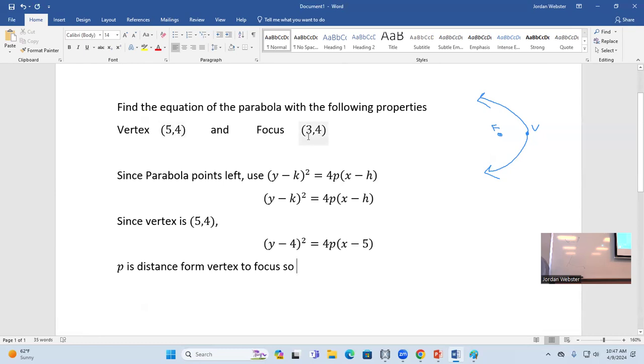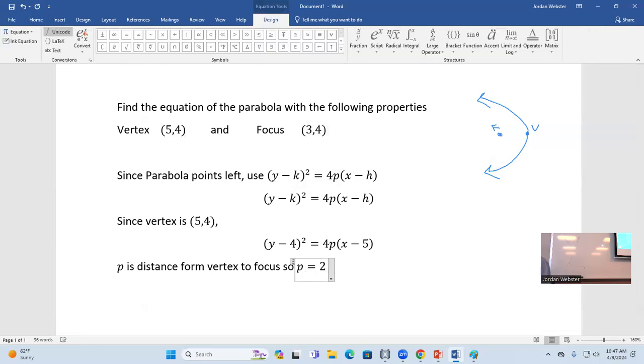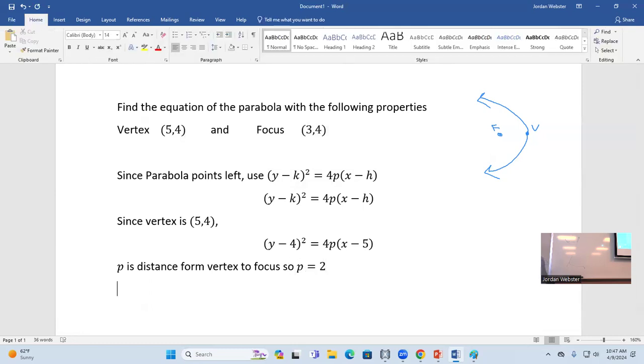So the p is 2. Oh, actually, I'm sorry. The p has got to be negative 2, right? Because we're pointing to the left. If we were pointing to the right, it would have been positive 2. But p is negative 2 since we're pointing to the left.